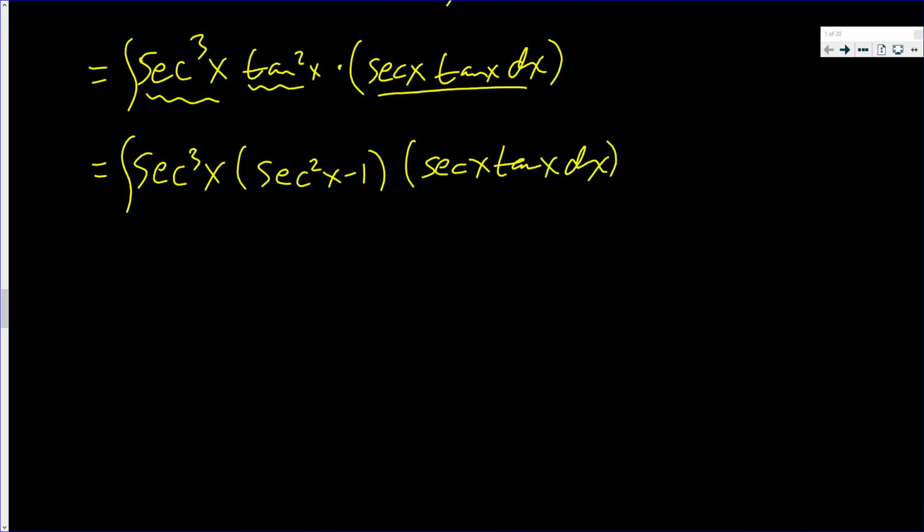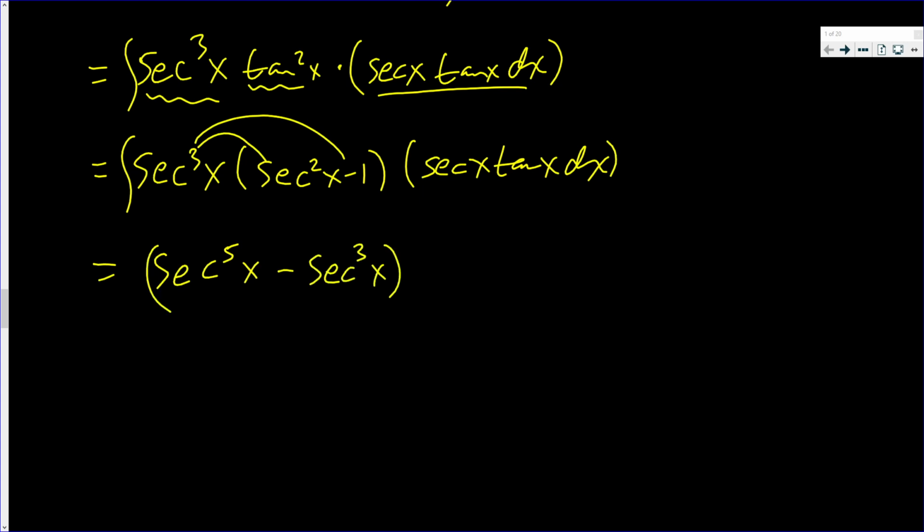And it's going to work out like a charm, because when I distribute, I'm going to get powers of secant: secant to the 5th x minus secant cube x. And again, if I call secant x u, then what's left over is du.